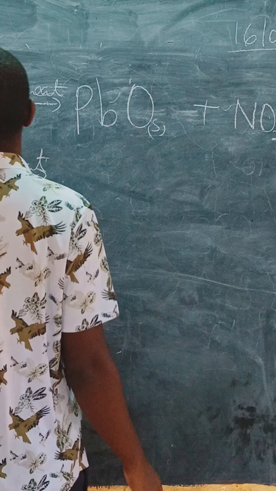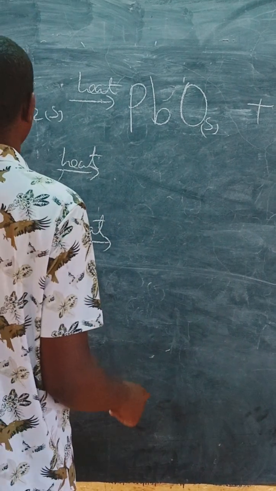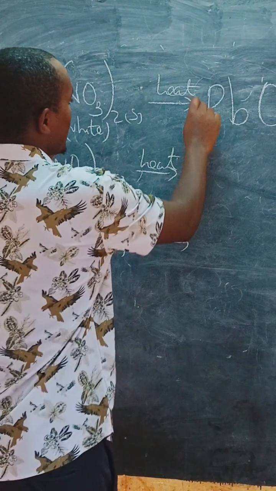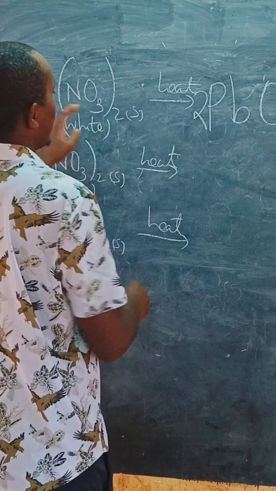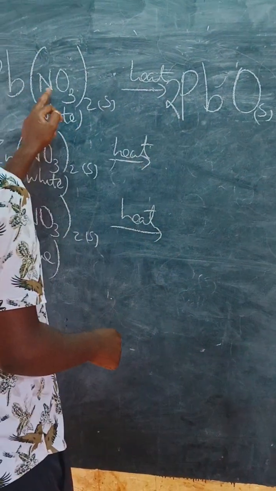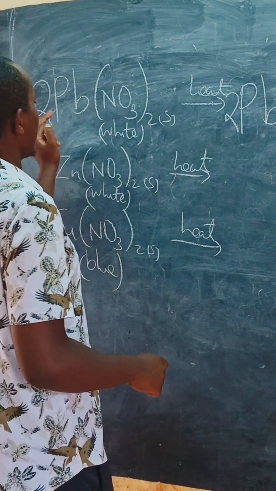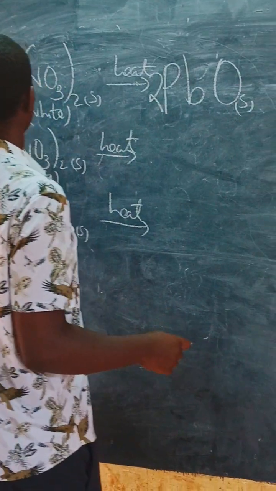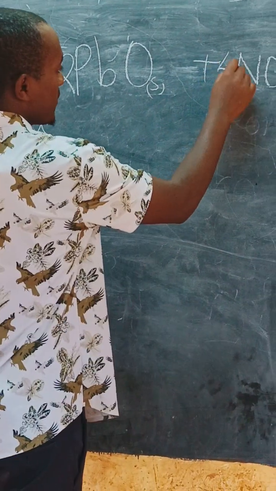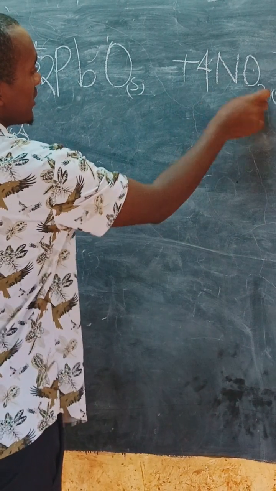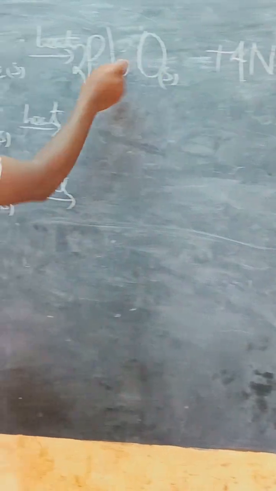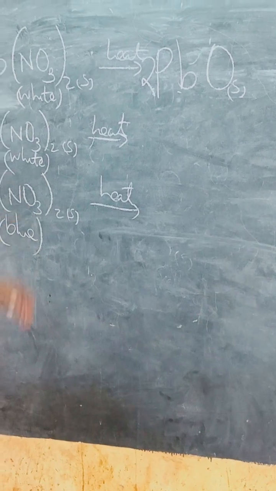Balancing the equation, I will put a 2 here. Lead becomes 2. Oxygen is 6 times 2, 12. Nitrogen is 2, so 2 times 2 is 4. So I put a 4 here, and oxygen becomes 8, 9, 10, 11, 12. The equation is balanced.